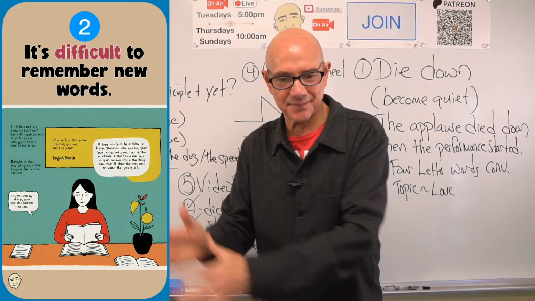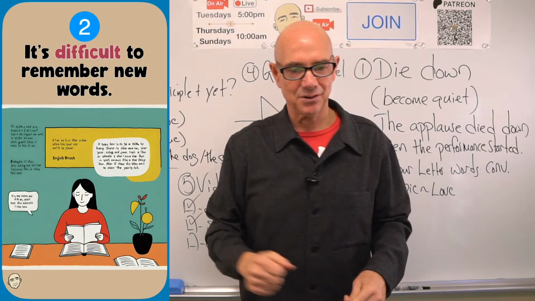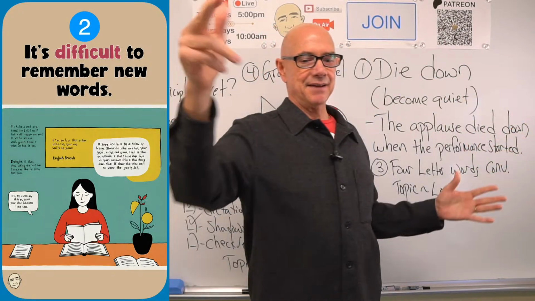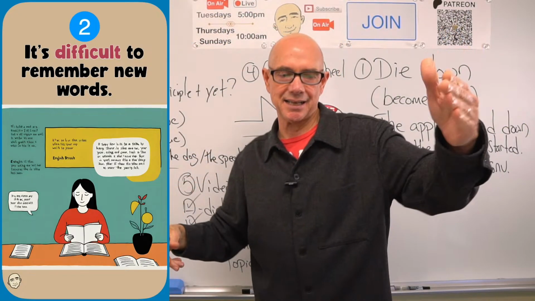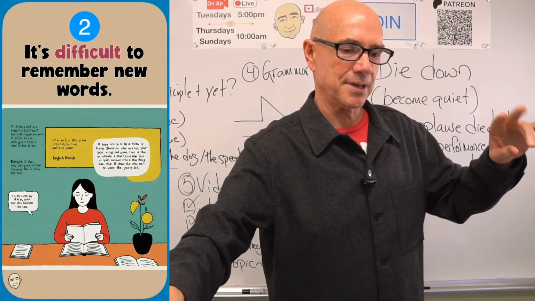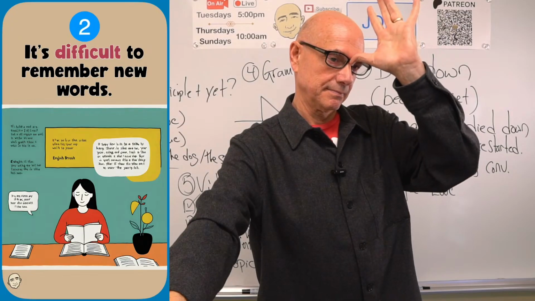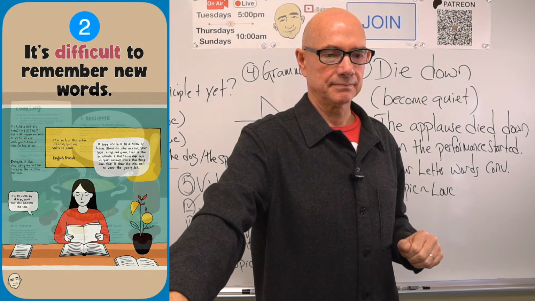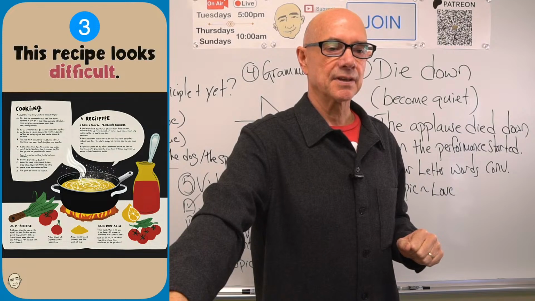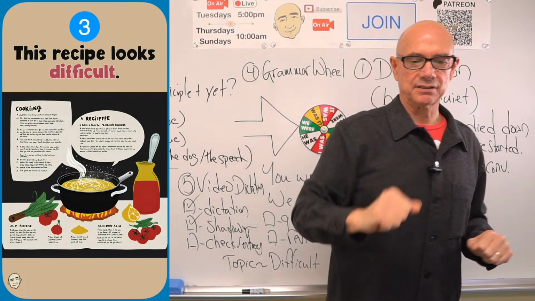Helga got it. Ava got it. Katie got it. Nice. Okay, let's go number 3. Okay, number 3. This recipe looks difficult.